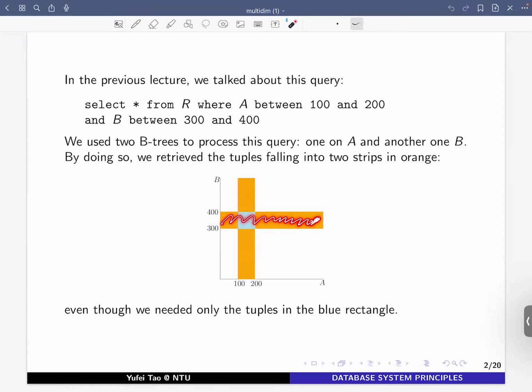I should have said the IDs of all the tuples that fall into this orange rectangle, and then we perform the intersection of the tuple IDs, and that was how we got this area.